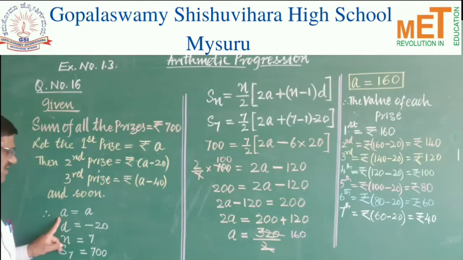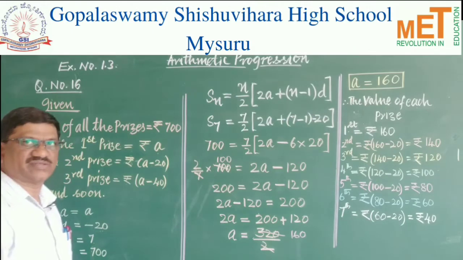The first term is A. What is the common difference? The common difference is minus 20. The number of terms: there are 7 prizes, therefore n is equal to 7, and the sum of all the prizes is 700 rupees, isn't it?